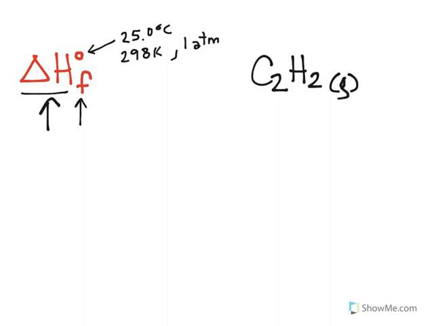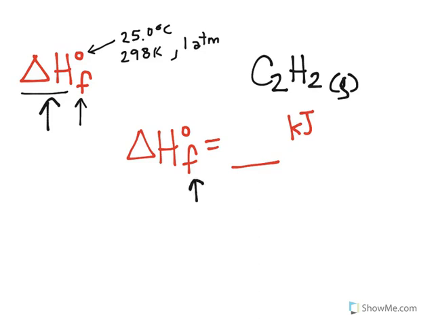Well, from this, we will already know the equation because, by definition, standard heat of formation is equal to the amount of energy in kilojoules required to form 1 mole of a substance from its constituent elements in their elemental state at standard conditions.